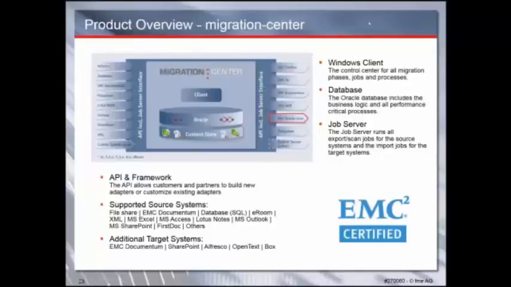So here's a broad picture, and then we're going to dig into the next slides. Migration Center is in the center. That's where the engine is. On the left-hand side, we support a number of ECM technologies, which I'm not going to get into all of. On the right-hand side is where we can push the information from the source ECM technologies into the target. Today we're speaking of InfoArchive, but we can also make decisions based on the information you're collecting. What you collect may be static and a perfect fit to go into InfoArchive, and we certainly handle that.